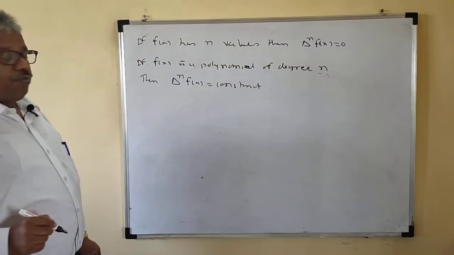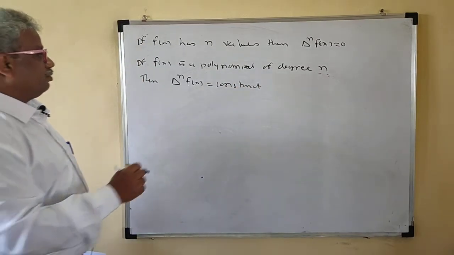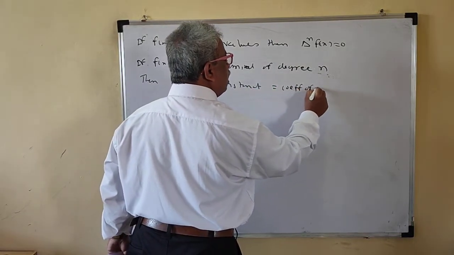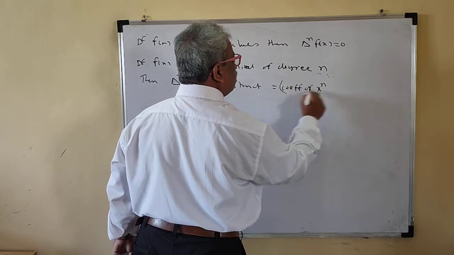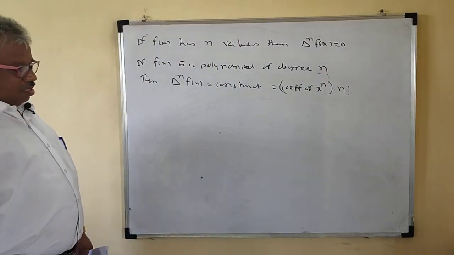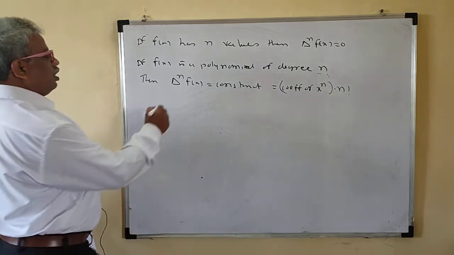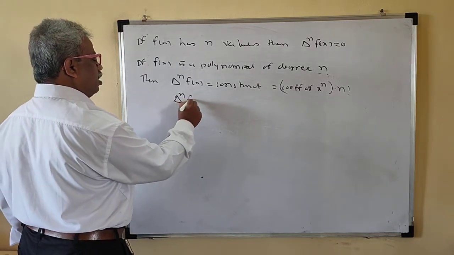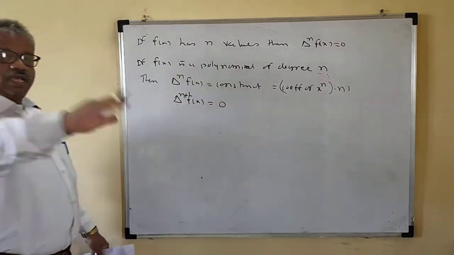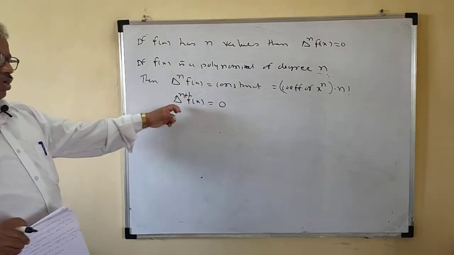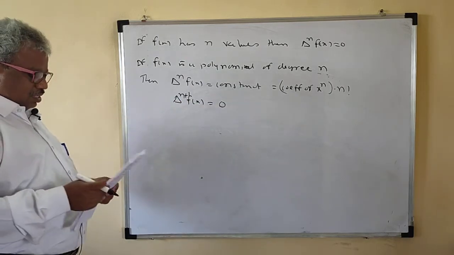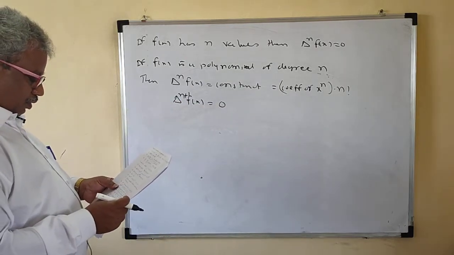It is constant, meaning it is the coefficient of x raised to n times n factorial, and Δ raised to n+1 of f of x is 0. Higher order differences are 0. So you should remember this.